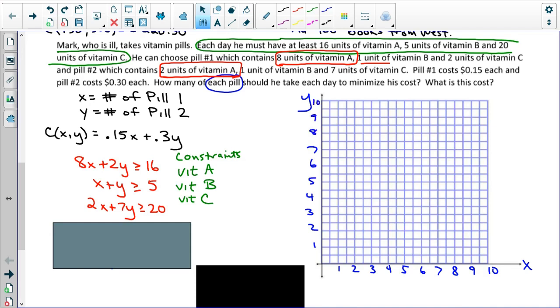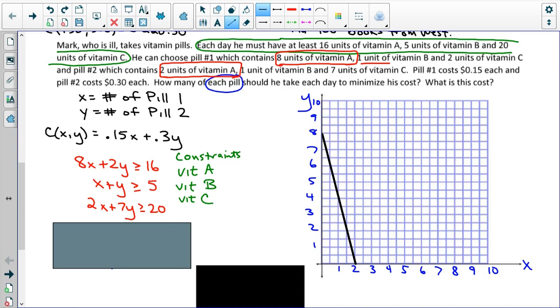So I have this going on here. If I graph by intercepts, that's probably the easiest method. So 8x plus 2y equals 16. That means my x-intercept is 2, and my y-intercept is 8.